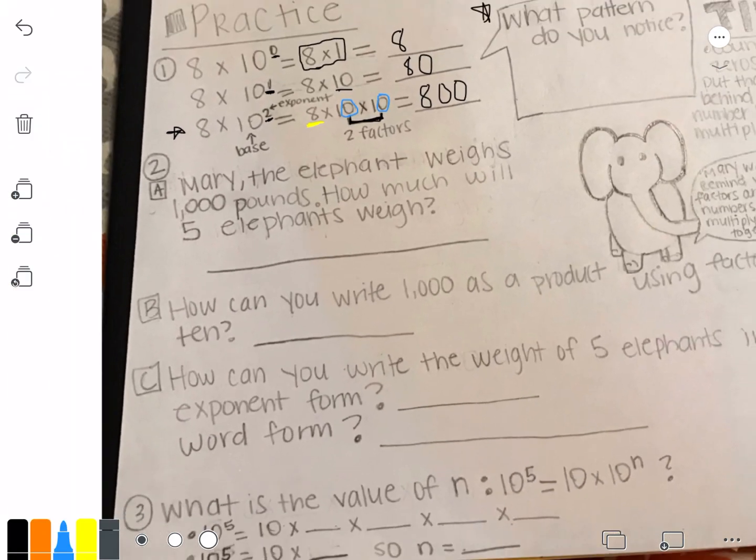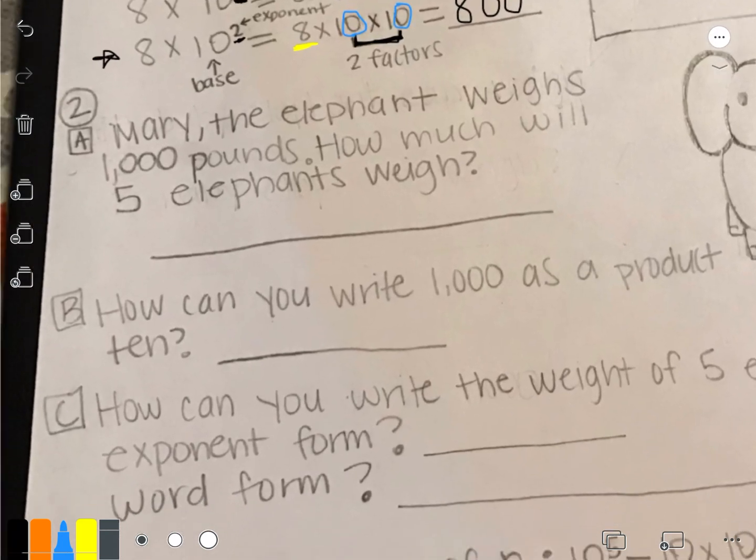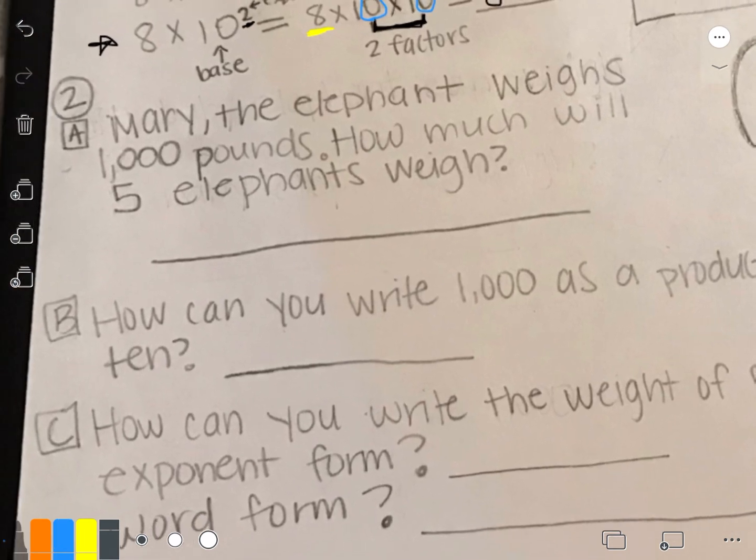Number 2 is talking about Mary the elephant over here. And Mary the elephant has a little reminder in her talk bubble, if you wanted to read that a little later after we finish the problem. Number 2 has 3 parts though. So let's start with A. It says, Mary the elephant weighs 1,000 pounds. How much will 5 elephants weigh?